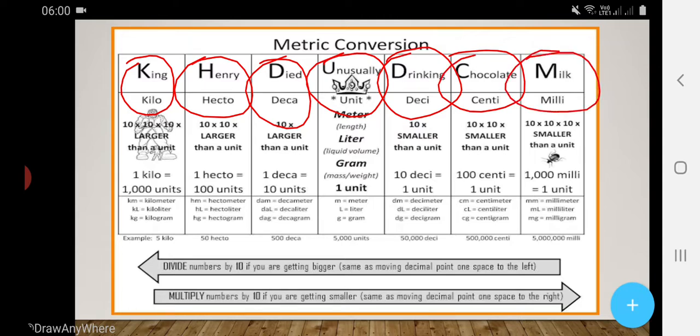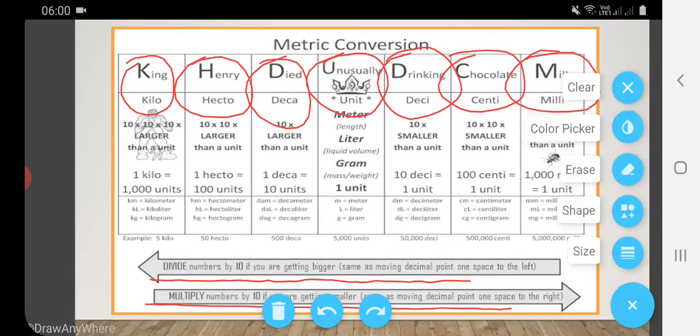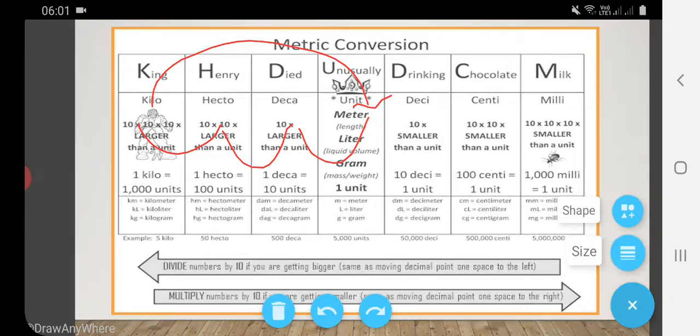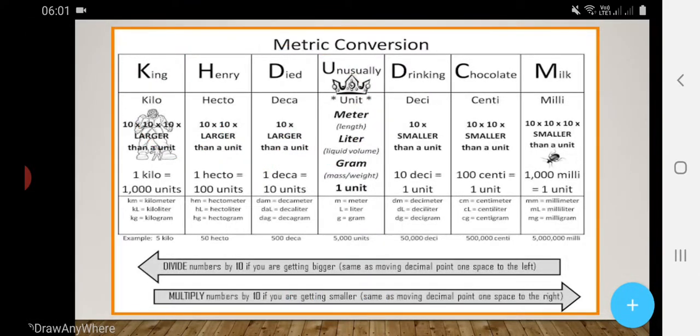Now, what is written? Divide numbers by 10 if you are getting bigger. Multiply numbers by 10 if you are getting smaller. If I want to go from kilo to unit, I have to multiply by 10 one time, two times, three times.